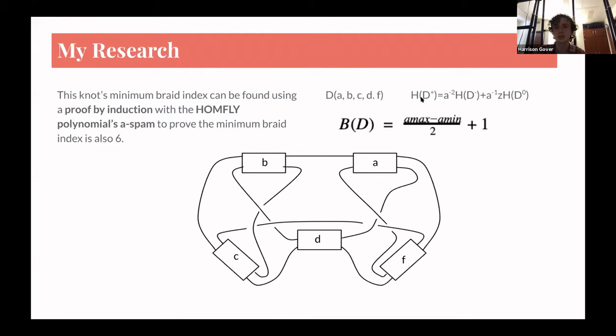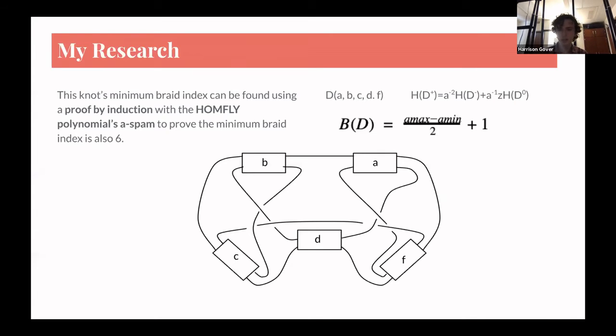So there is this equation here that takes the Fly of the positive crossing knot. You can take one crossing and make it into what we call a negative crossing. And we can also nullify that crossing as Ben Calvin explained. And we can use these two Fly polynomials to produce another Fly polynomial. And this essentially works in induction because if you have 2 given knots, you can essentially continue the list and make more and more knots upon that expansion.